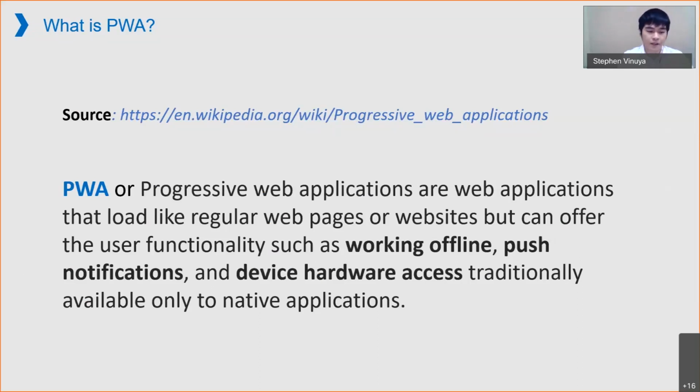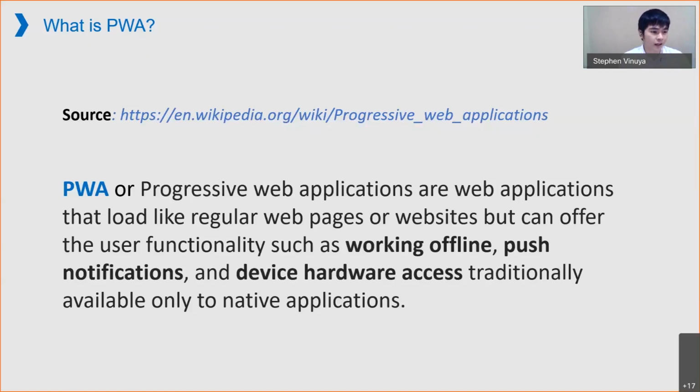So that being said, a progressive web application is an application that can work offline and has push notifications. Later on, we're going to discuss the core features that make a website a PWA. That aside, we're going to leave this definition for now and expand it a little more as the slides go on.